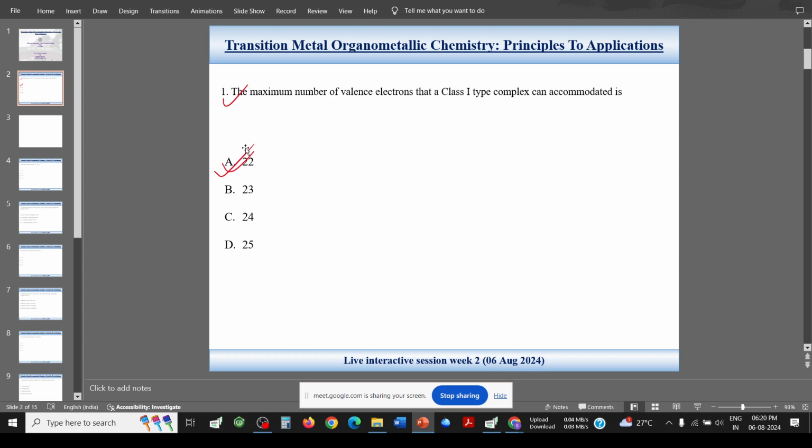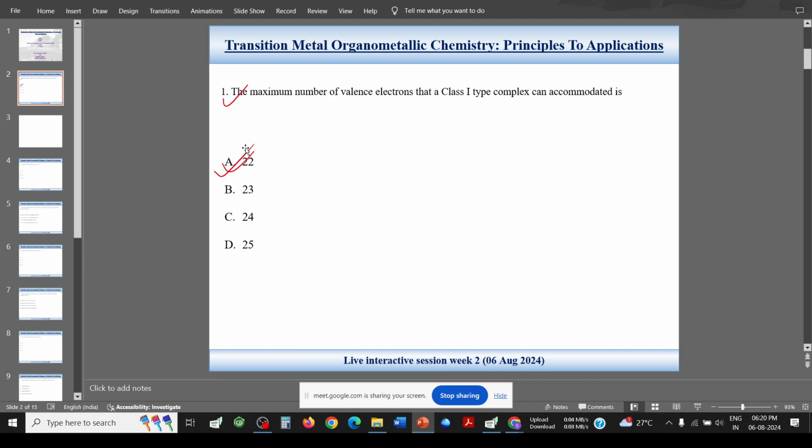Class 3 complexes are based on the ligands. When we have a strong field ligand, as for example CO, alkene complexes, that is olefins, or PF3, you know from the CFT that the pairing of electrons is facile and it goes to the 18 electron rule.